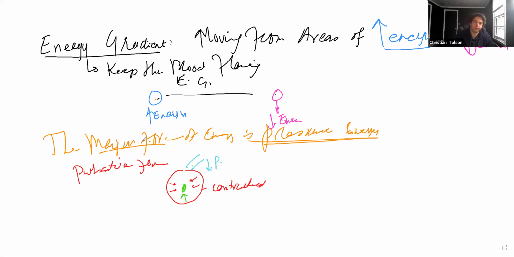Right. Since the pressure will be greater here and lower here, the blood is just going to move from here to here, mainly because more and more blood is being pumped by the heart.